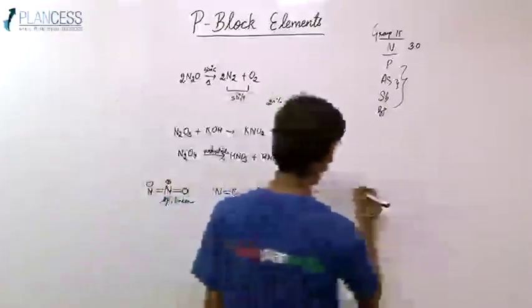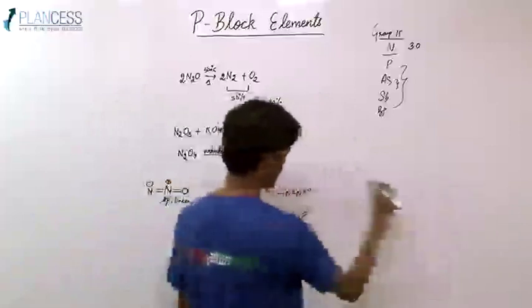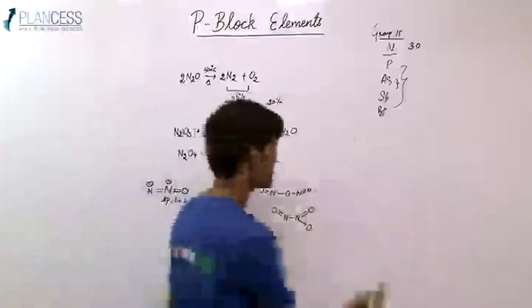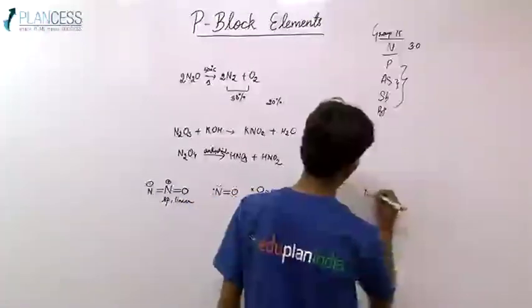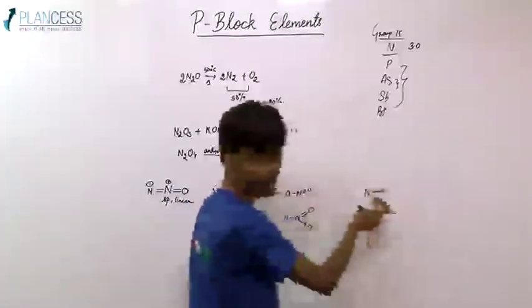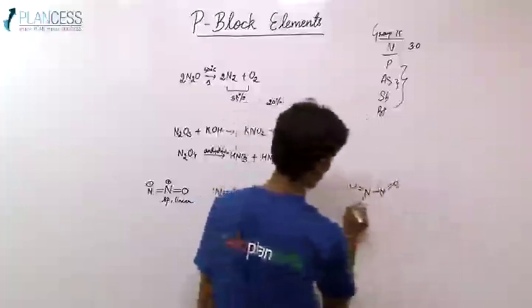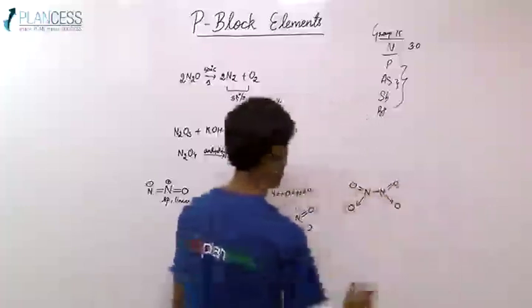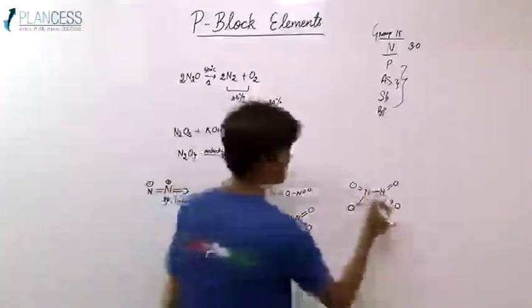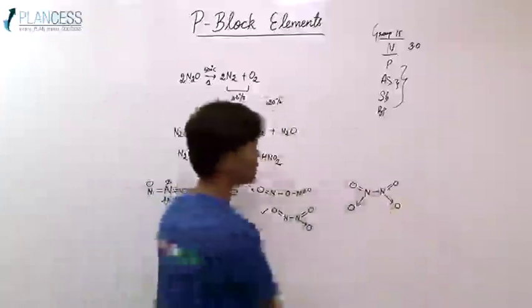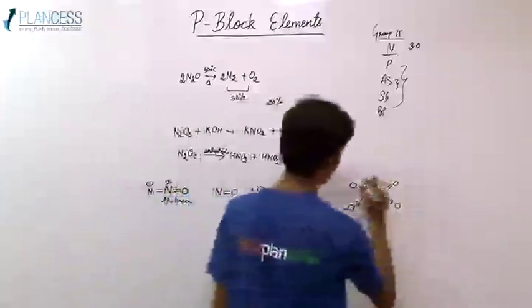The next would be NO2. NO2 again is an odd electron species, so I am drawing the structure of its dimer N2O4, which is not an odd electron species. N2O4 has an N-N bond. Here it is oxygen, here it is oxygen, donating oxygen to here. So it has 3 bond pairs, no lone pair, sp2 hybridized, planar in shape.